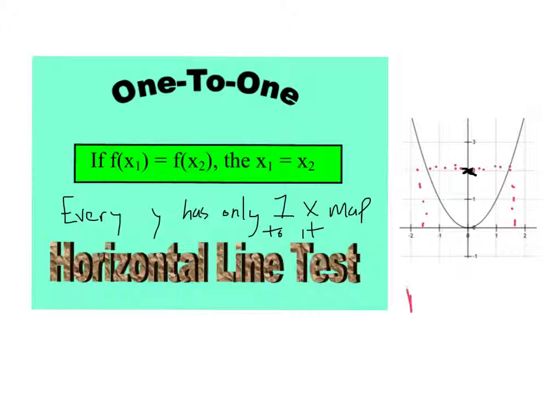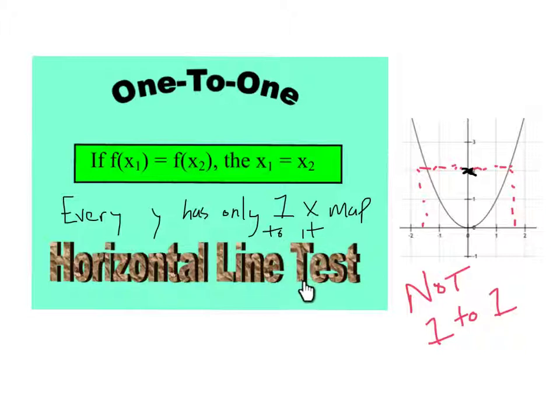So this function is not one-to-one because this y value had two x values that map to it. And to be one-to-one, if you pick a y value, only one x maps to it.